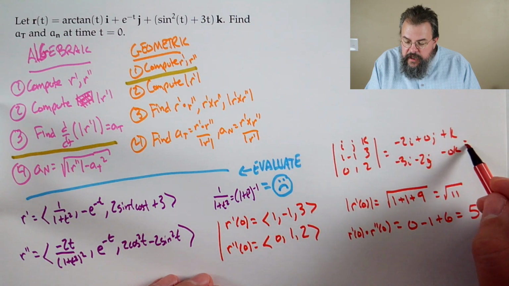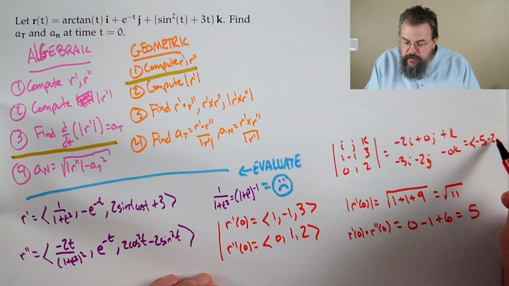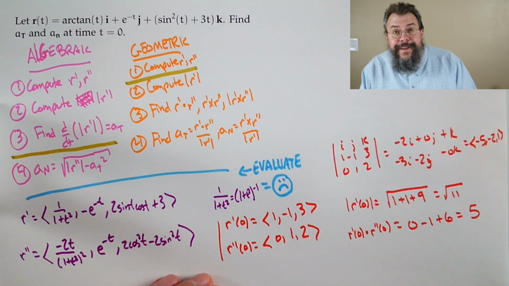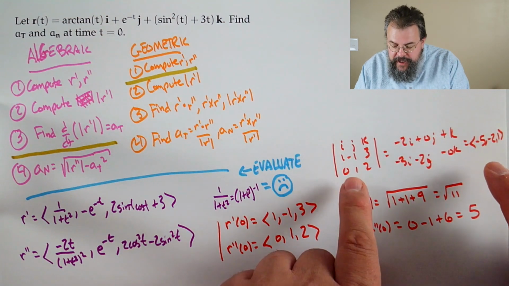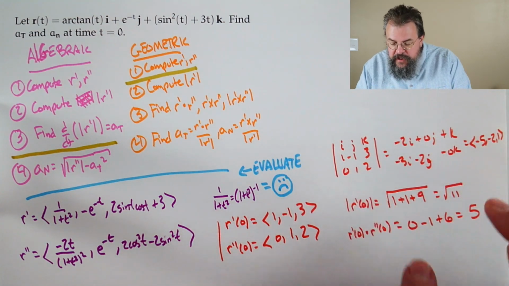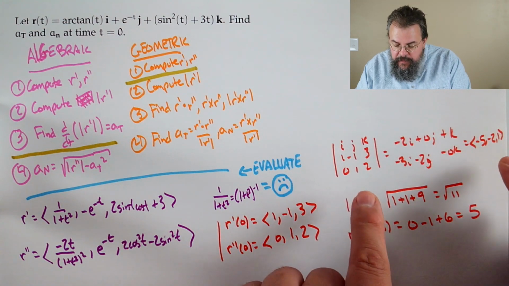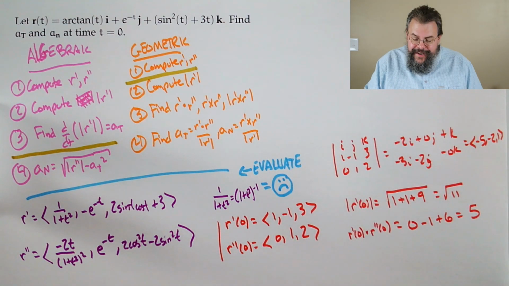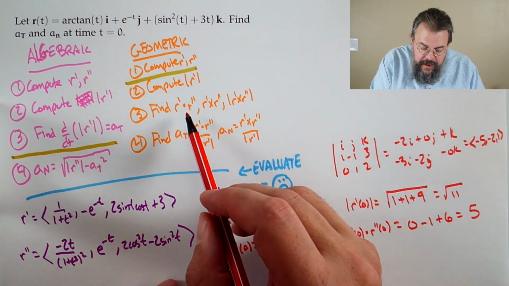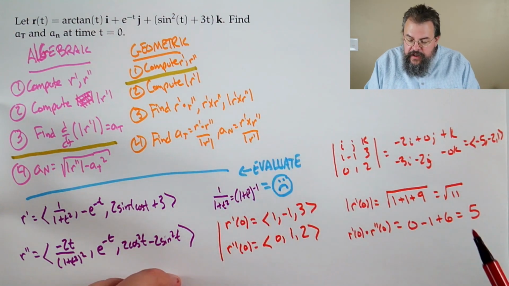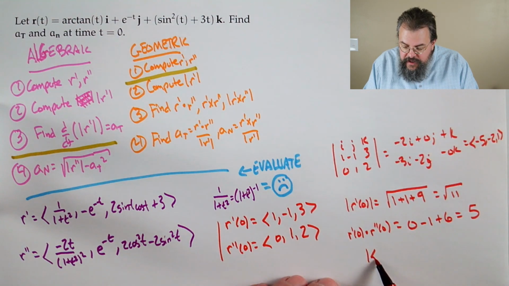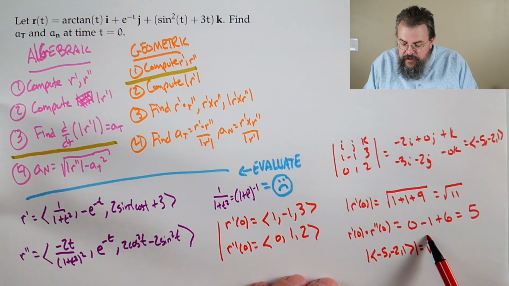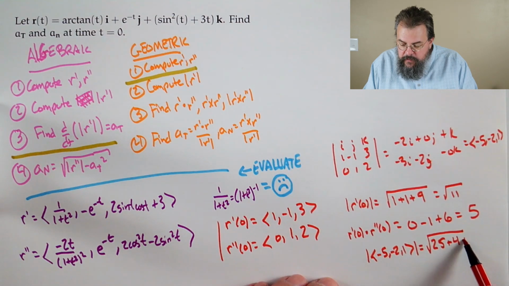So that looks like minus 5, minus 2, 1. Well, let's check. Minus 5, plus 2, plus 3. Good. 0, minus 2, plus 2. Good. So we've taken the dot product, we've taken the cross product. The magnitude of minus 5, minus 2, 1 is the square root of 25 plus 4 plus 1. So that's square root of 30.